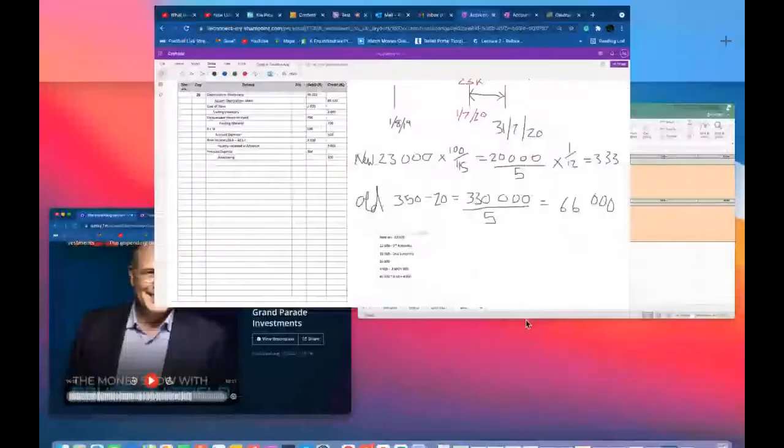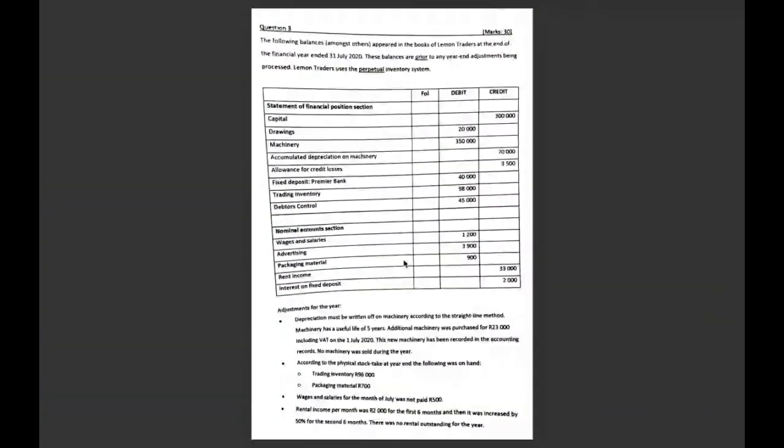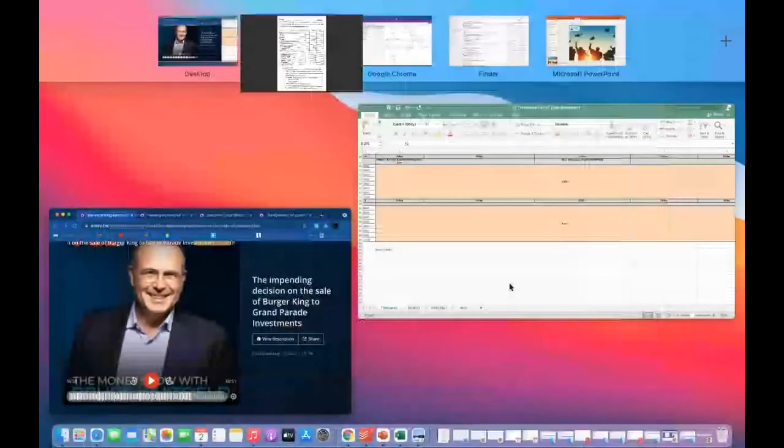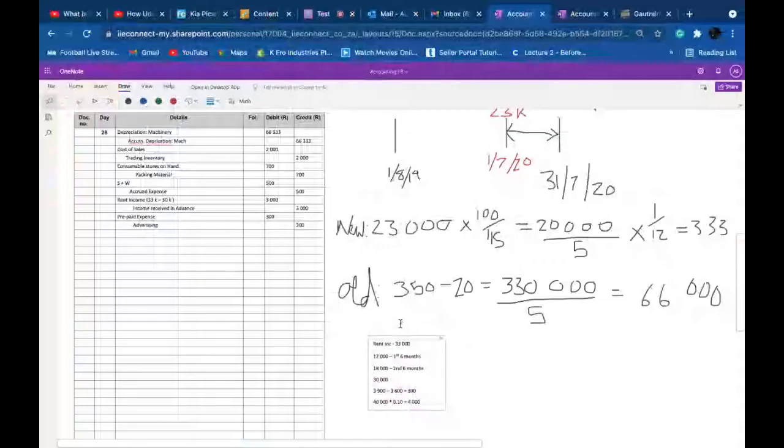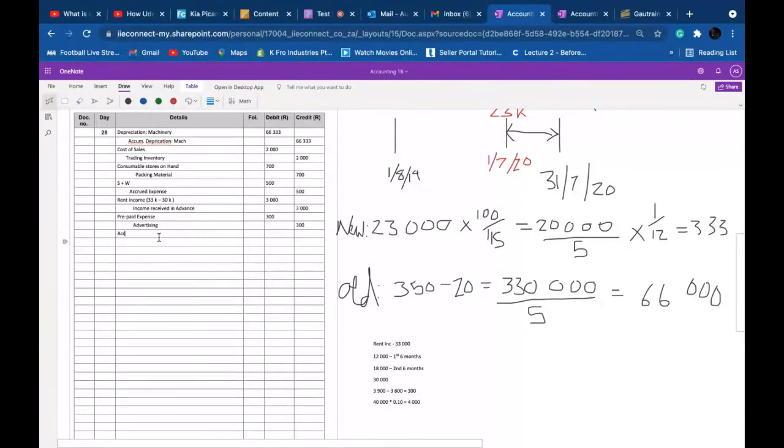All right, but when we look at the interest income that we've received, where is it? Interest on fixed deposit is 2,000 Rand. So we are entitled to 2,000 Rand. Our interest on fixed deposit needs to go up. So we have accrued income, income that is owed to us.